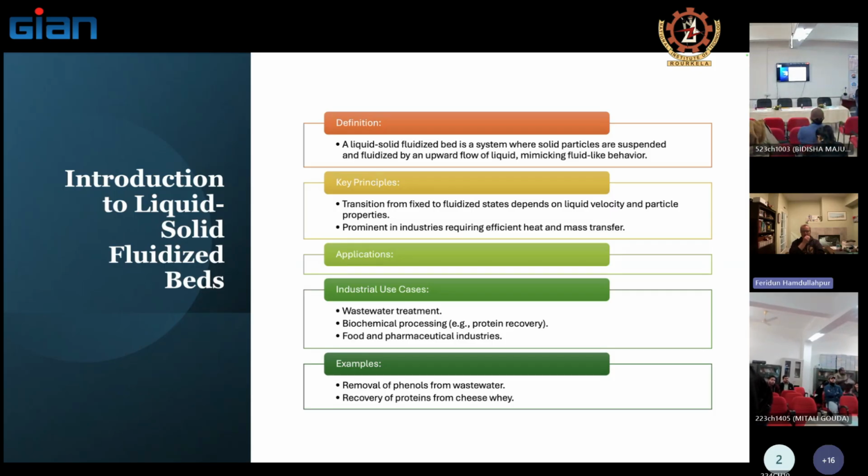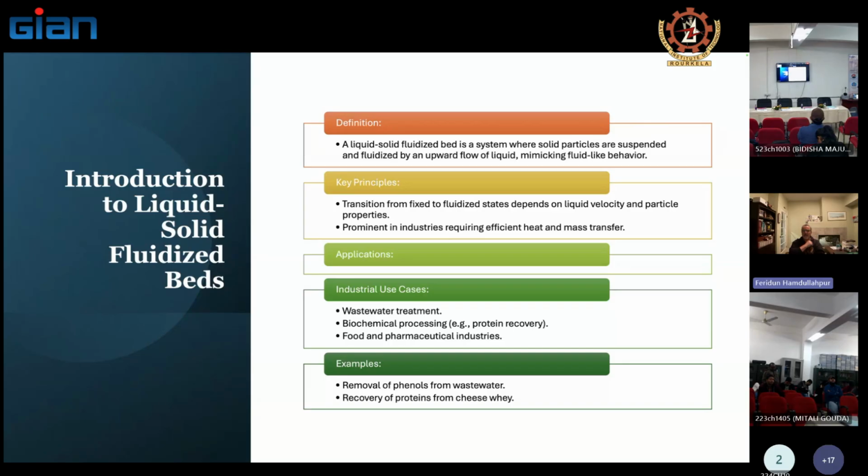It is the water that is the wastewater and it needs to be treated, and that treatment is through various particles and agents that will help do this. Biochemical processing is especially in applications where protein recovery is required.